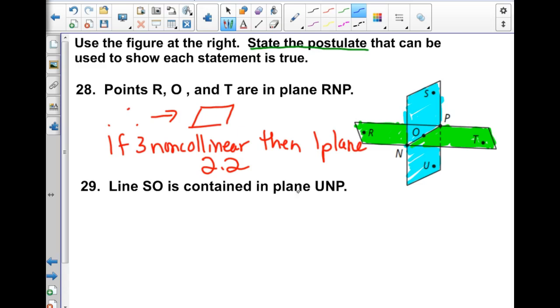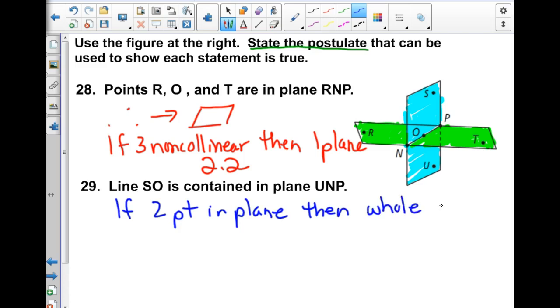All right. SO is contained in plane UNP. Line SO. Well, if 2 points, those 2 points are in plane P. If 2 points are in a plane, then the whole line is in the plane. Maybe not exactly those words, but if you wrote that for me, if 2 points are in a plane, then the whole line containing those points is in the plane.